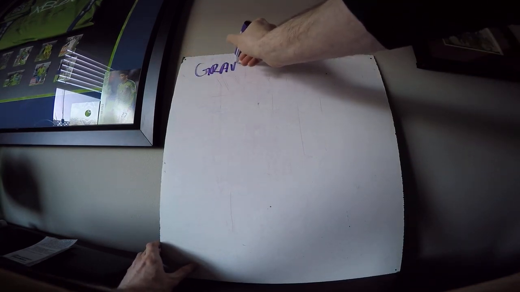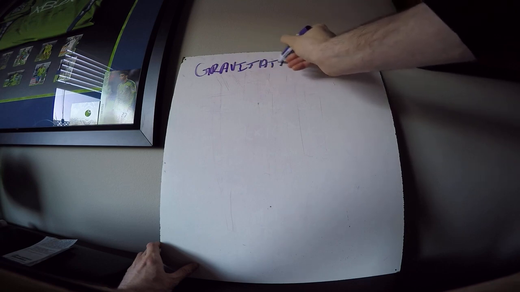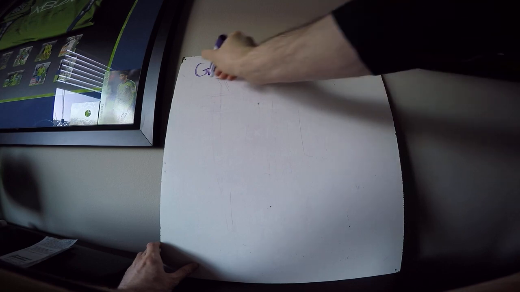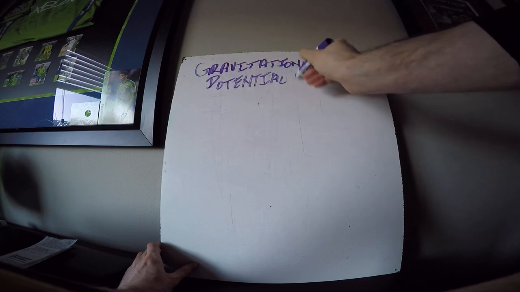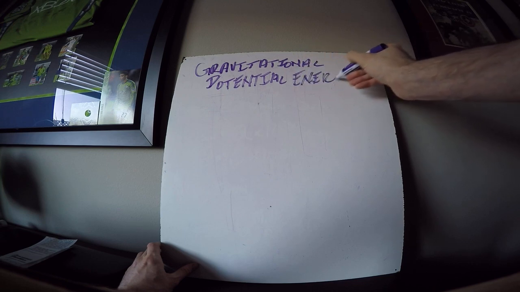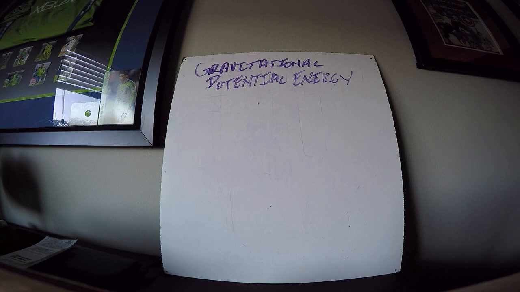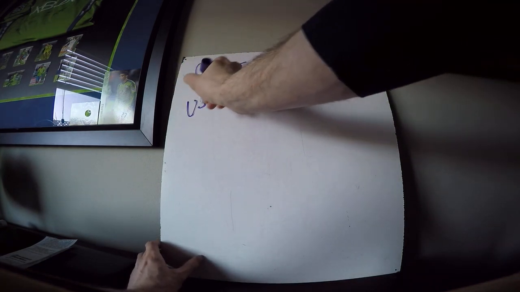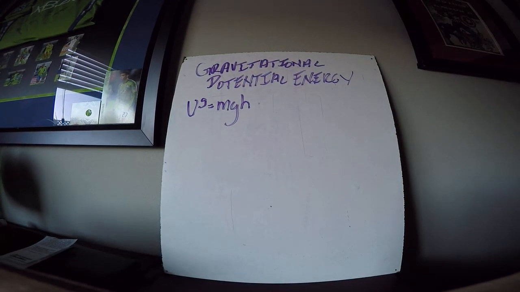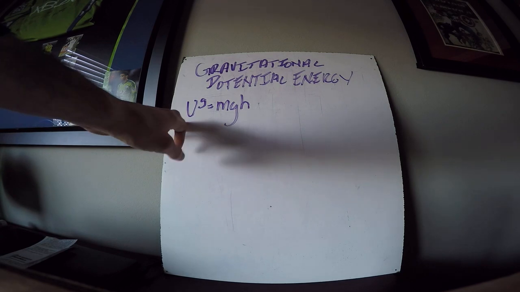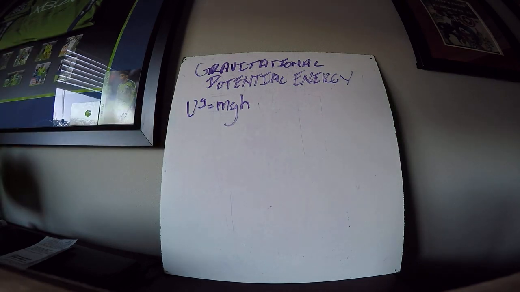So our second notes. This note set is gravitational potential energy. And we've learned this before. We've said UG equals mgh, but that's for the gravitational potential energy on Earth.